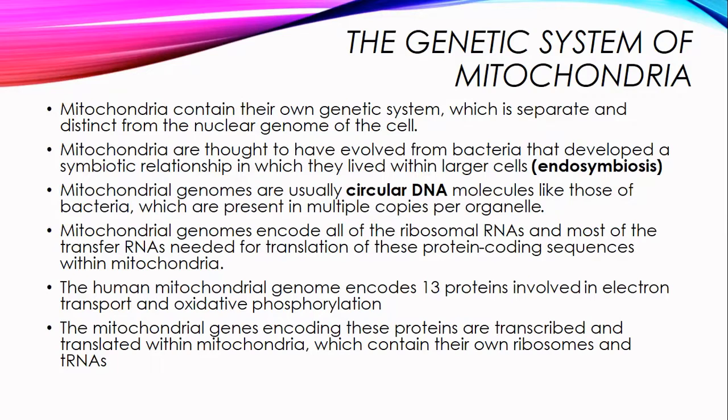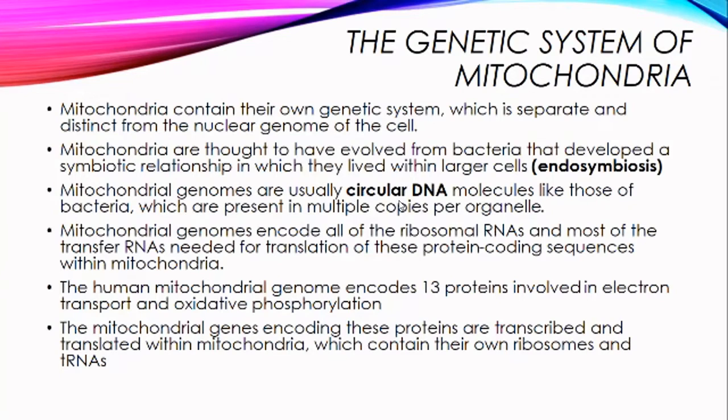The mitochondrial genome are usually circular, like what we have in bacteria. So this is another evidence that the mitochondria had a resemblance to the bacteria because most of the bacteria have circular DNA. Sa eukaryotes, diba, we have the linear, double helical DNA.